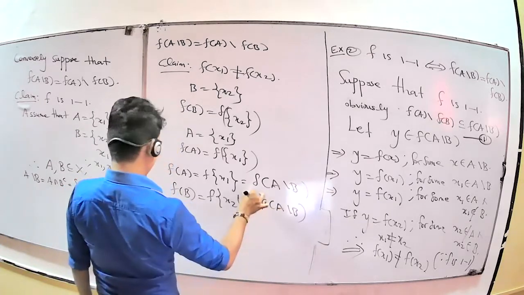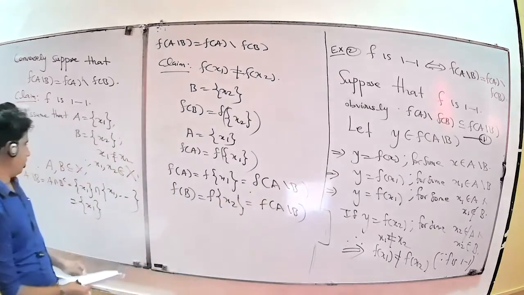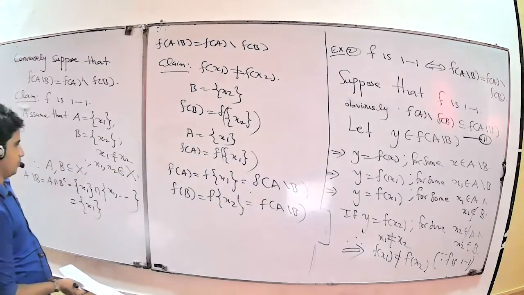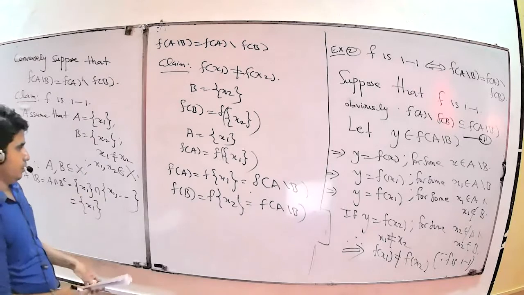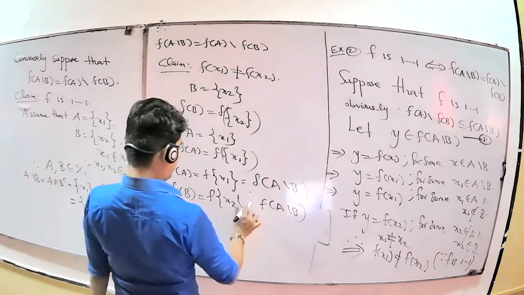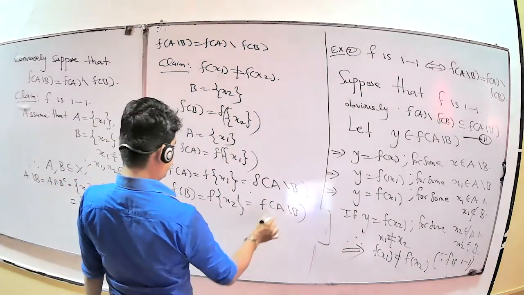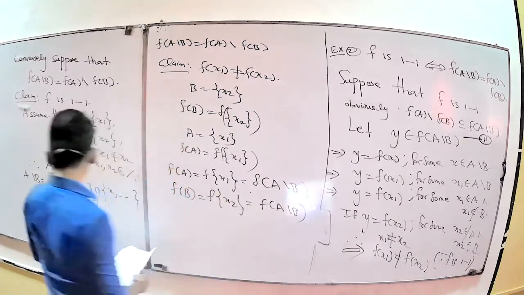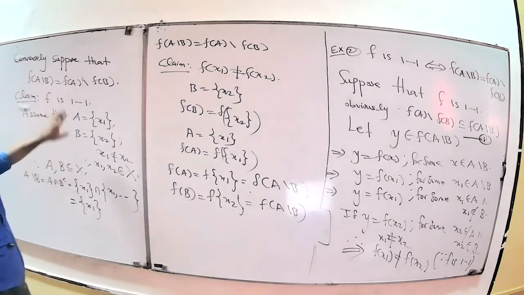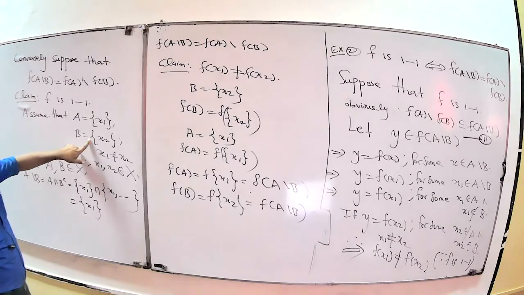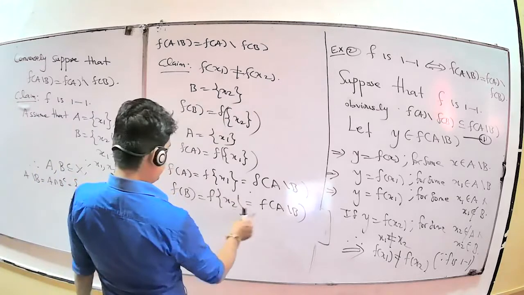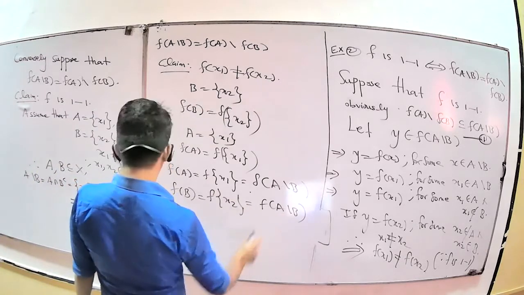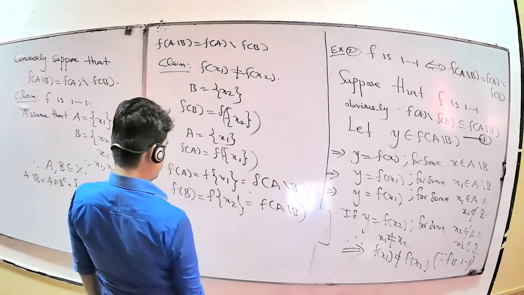No. This f of A minus B means A minus B consists of element x1 only, right? This is not equal, because f of B equals f of x2, but this f of x2 does not belong to this set. It does not belong to this set of elements.